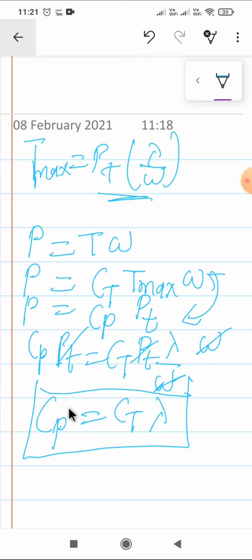In practice, power coefficient and torque coefficient are both functions of lambda and are not constants.